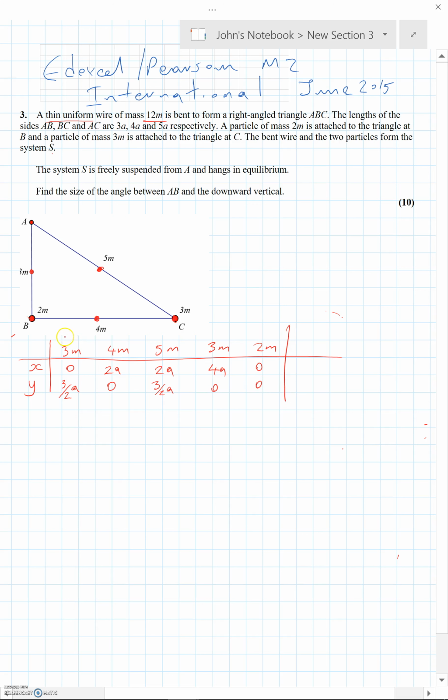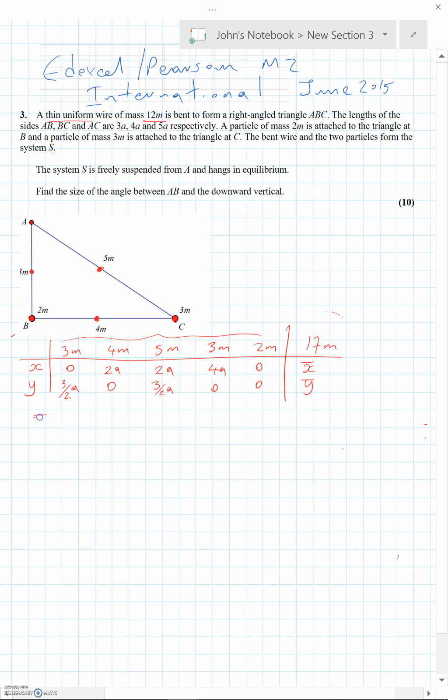The total of all of these masses adds up to 17m, and then we are trying to figure out what the centre of mass is, x bar and y bar.